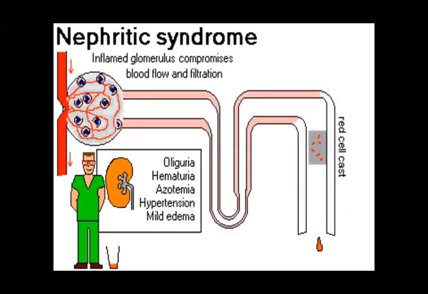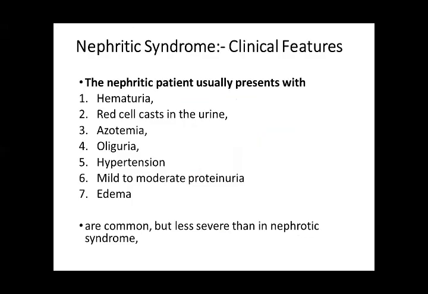So we said there will be oliguria, red cells in the urine, and then azotemia, hypertension, and mild edema. I know that you know hematuria, hypertension, mild edema, but I'm not sure if you know the word azotemia. Right.